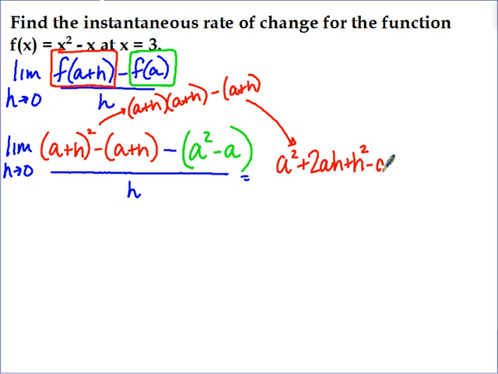So I FOILed, and then I distributed the negative. And now I also have to distribute my negative here. So I'm going to have minus a squared minus, plus a, because I'm distributing. And then that's all over h.